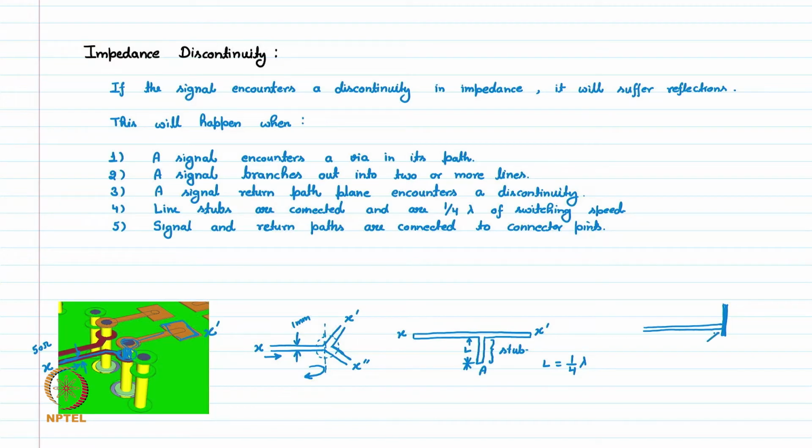So this acts like an impedance discontinuity. So here we have x, this is x dash, and the signal is going from x to the connector pin. This acts as a discontinuity in the impedance.